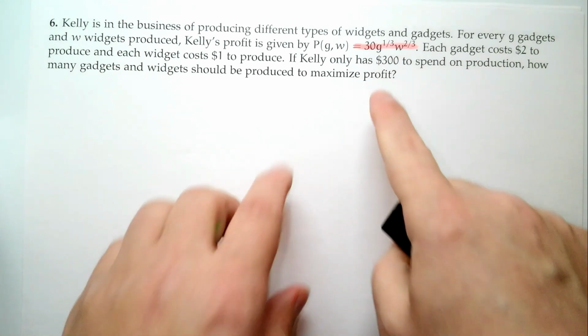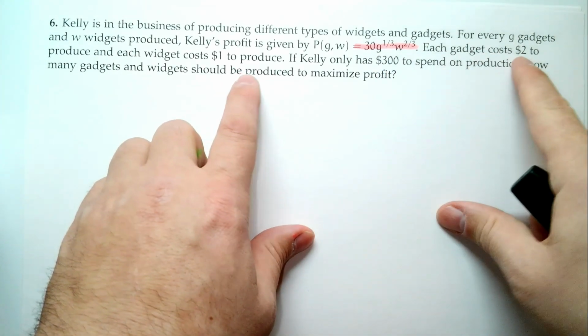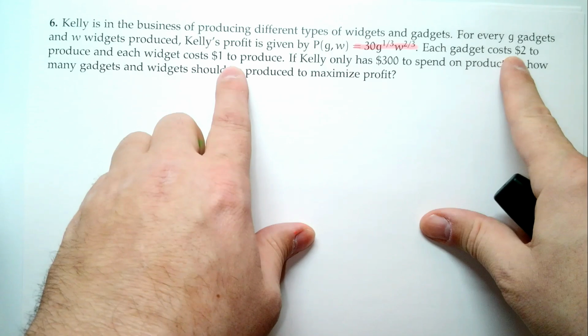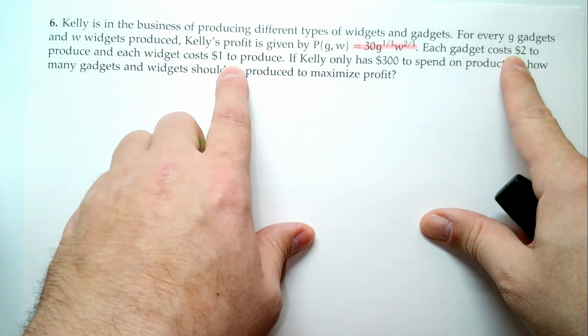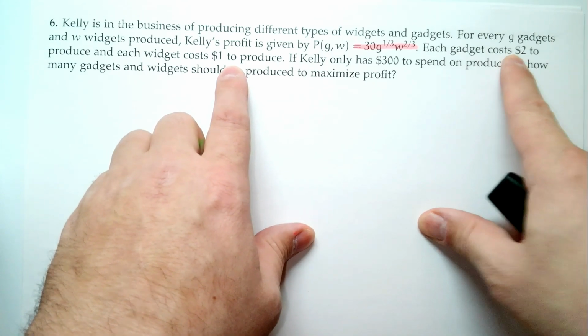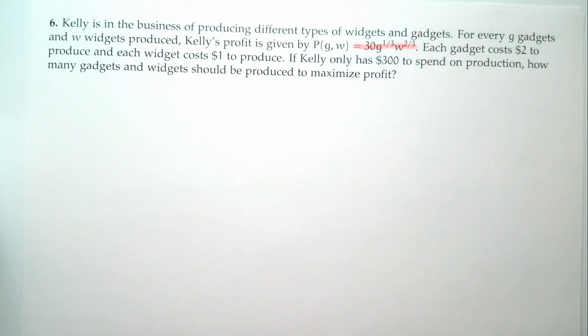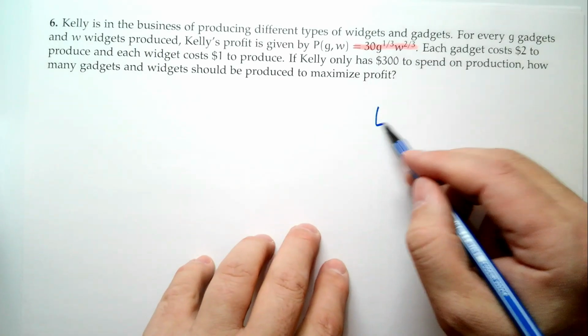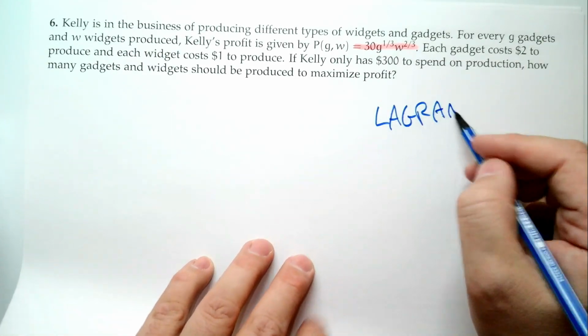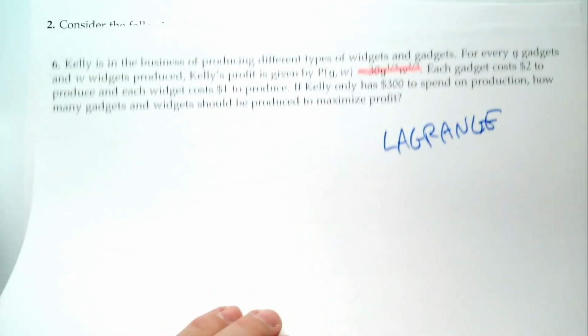It's a constraint. Because you say, look, I have $300, I have things that cost money to produce, I can figure out how many I can produce, this is how much profit I get. So whenever you have a problem which has an optimization with a constraint, what's your technique? Lagrange multiplier. So look for optimization with constraint, you're ready to go.